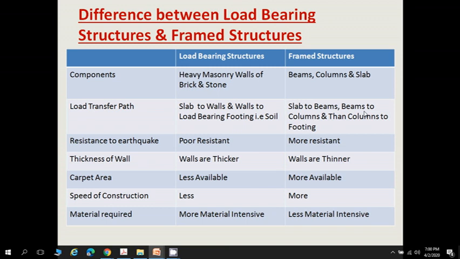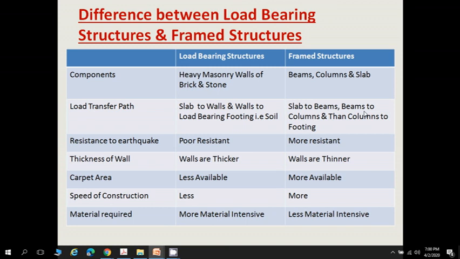So load bearing structures and framed structures. In terms of components, load bearing structures have heavy masonry walls of either brick or stone, whereas a framed structure has components of beam, column and slab. Load transfer path: how is the load transferred in both types of structure?